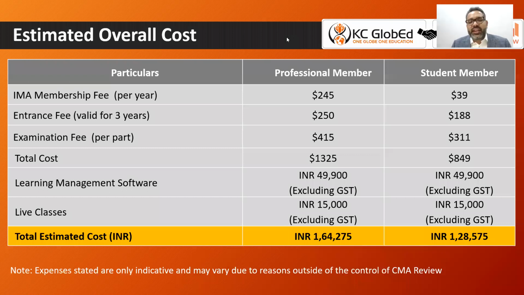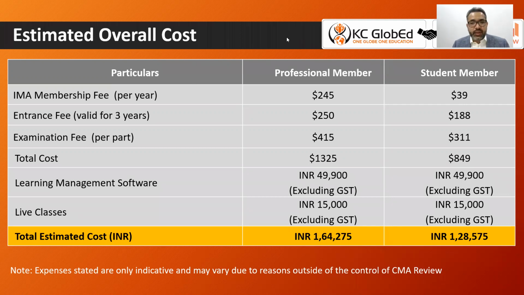And then for each part of the exam, you need to pay $311. In total, it would be around $849, which you need to pay directly to IMA, but our counselors would be helping you with when to pay which fees and which form you need to file, right? And then for the learning management software, which is the Surgent learning management software, you need to pay 49,900.